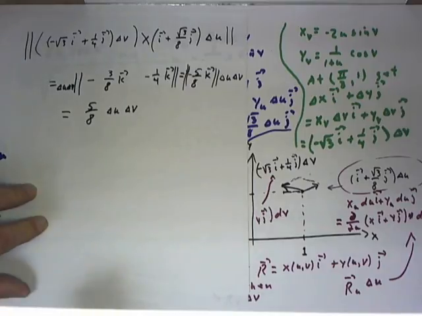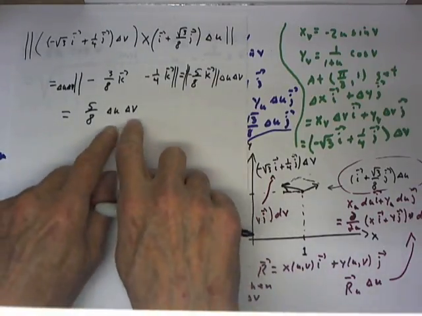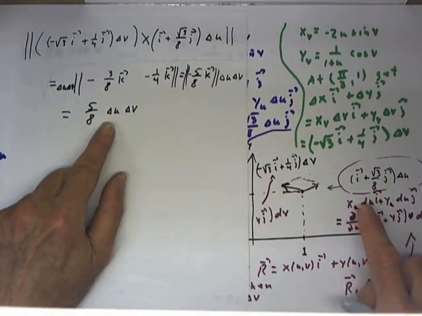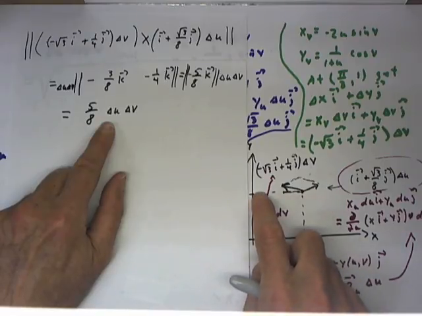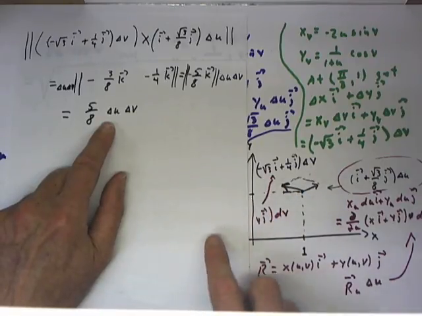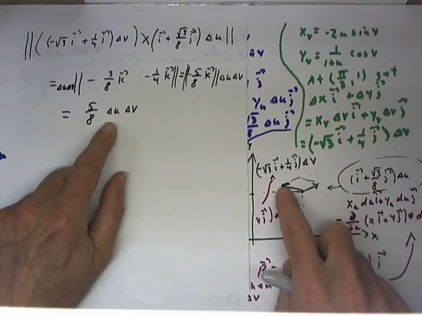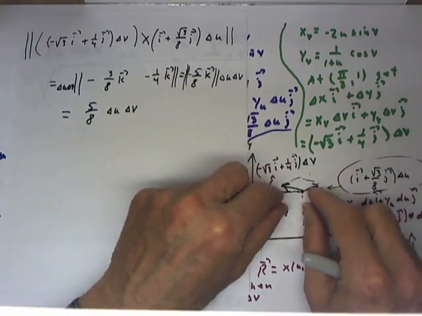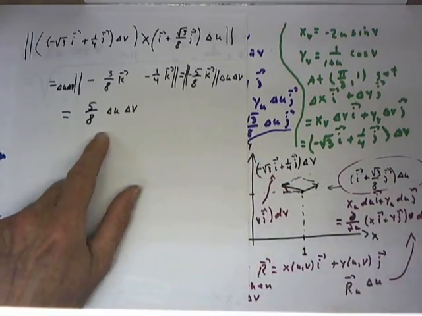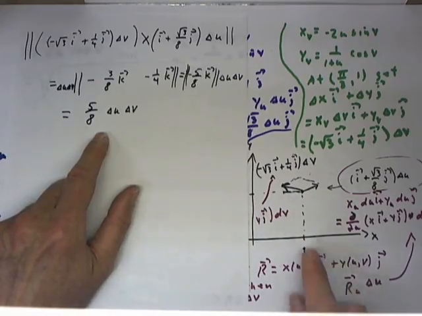So our delta u by delta v region has shorter sides than our region in the xy plane, but the region in the xy plane is of lesser area because of the big angle between these two vectors that define the region.